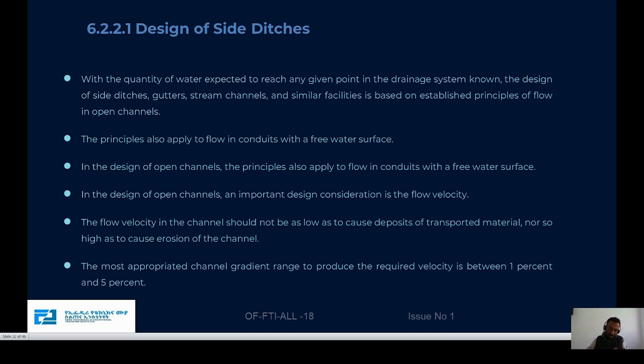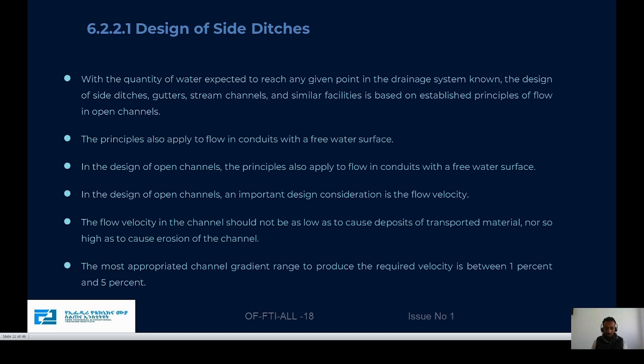The principles of flow in open channels are also applied to flow in conduits with free water surfaces. In the design of open channels, an important design consideration is the flow velocity.